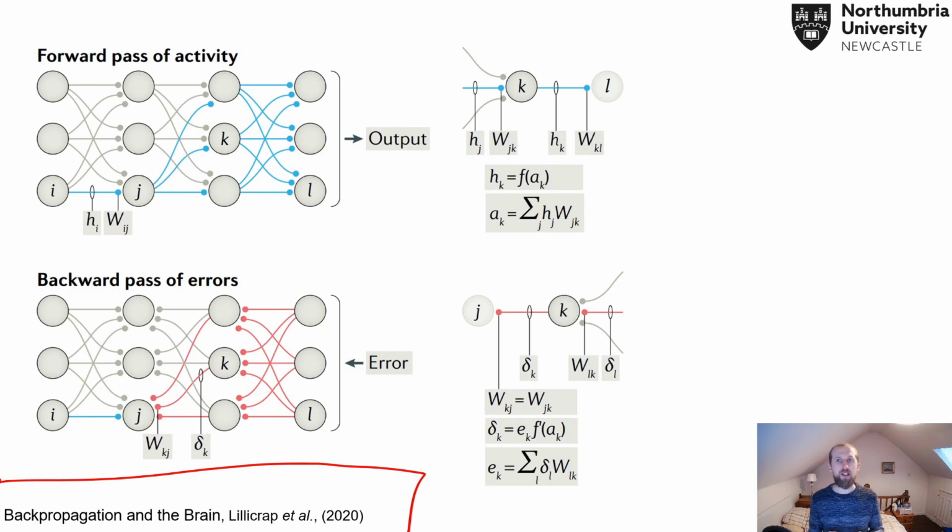So it's not true to say that what's going on within neural networks and what's going on in the brain is the same. Neural networks are loosely inspired by that process, but this paper tries to explore how the brain might do something similar to backpropagation, which is really fascinating. So I'd encourage you to check that out if you're interested.